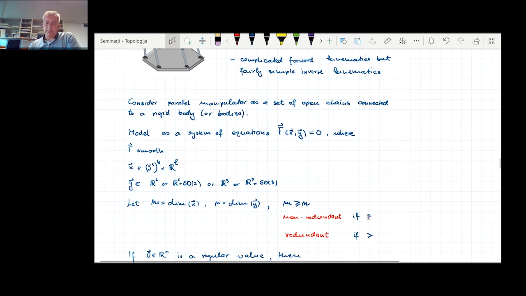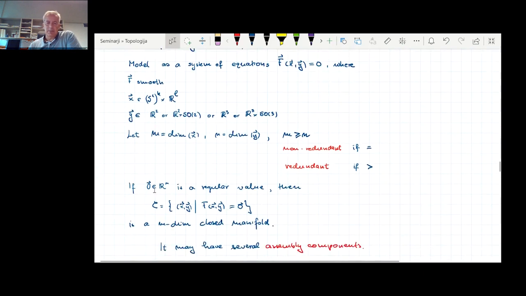So here it means that essentially for every point in the workspace, there corresponds a discrete set, so one or several points in the joint space, while here there corresponds an entire, usually submanifold of possibilities, so you can move within this submanifold of the possibilities. Usually we assume that 0 is a regular value, so the set of configurations of such a machine, so the set of possible positions or states, is a closed manifold.